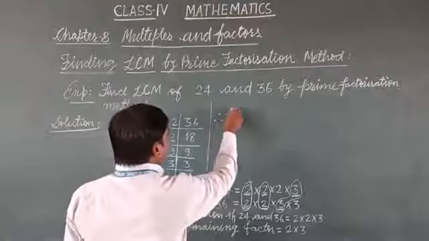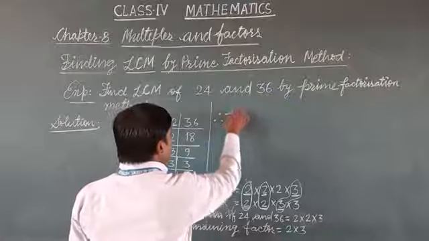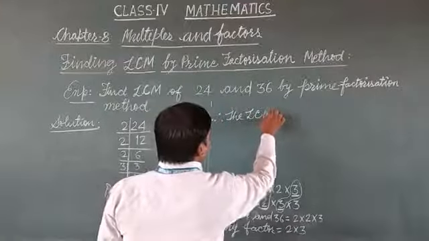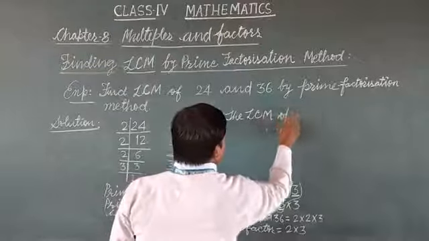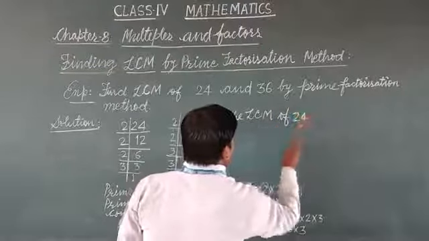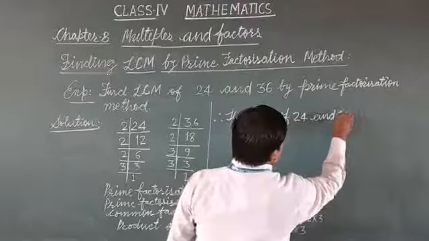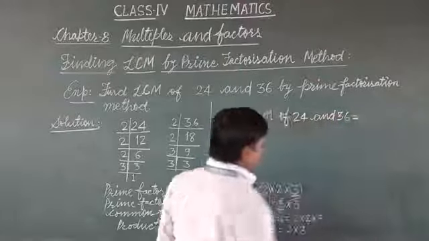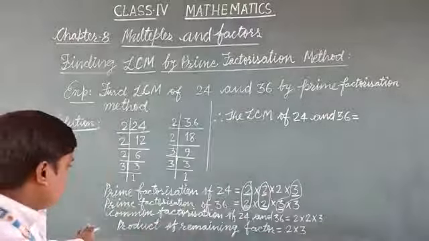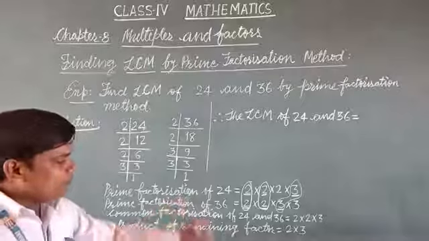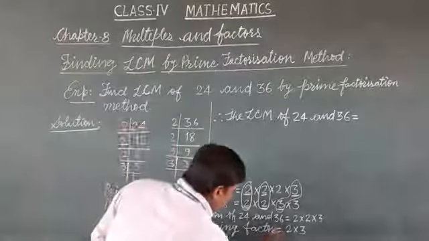Therefore, the LCM of 24 and 36 is equal to the product of common factorization and product of remaining factors. Here it will be factors.